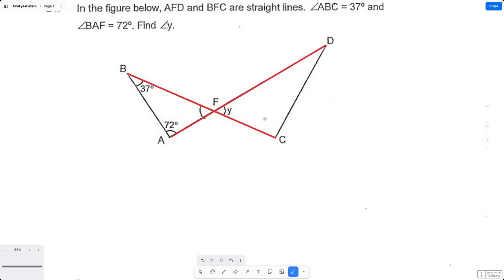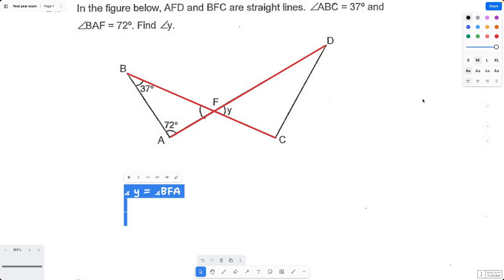Since these two lines are straight, the opposite angles are the same. So Y is equal to angle BFA.